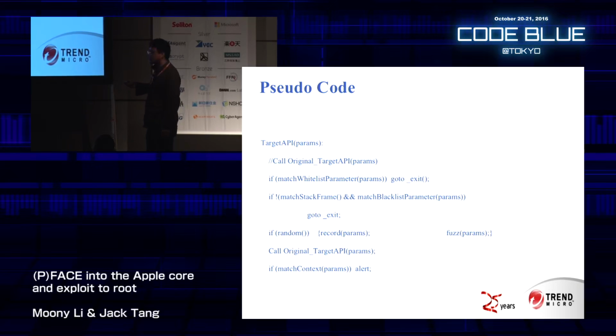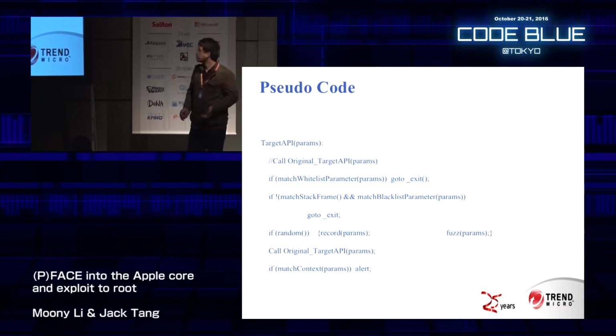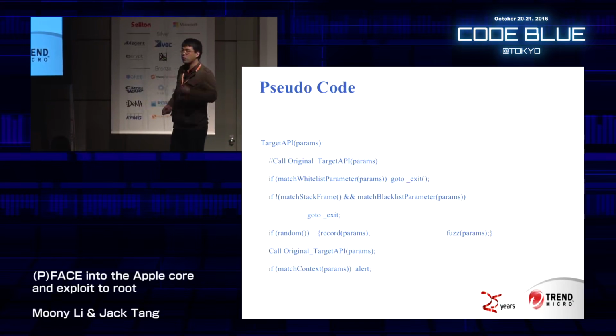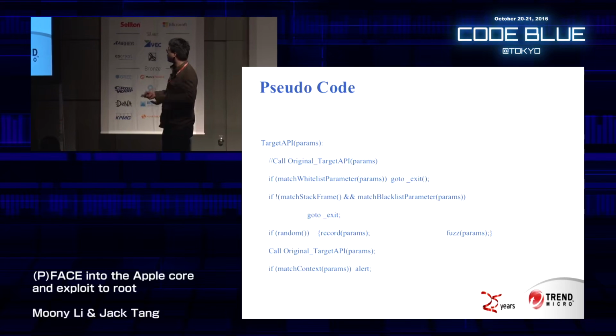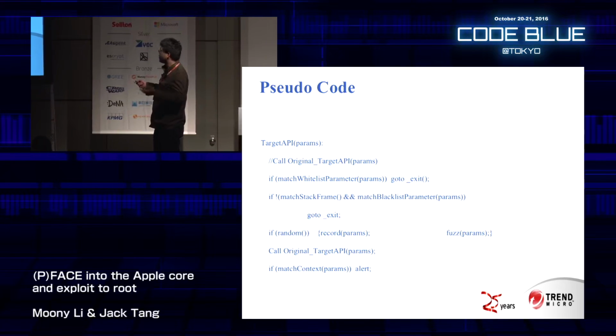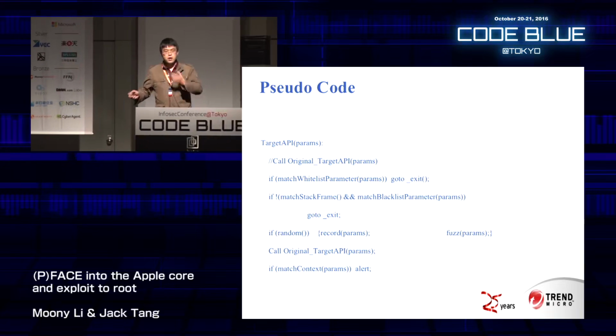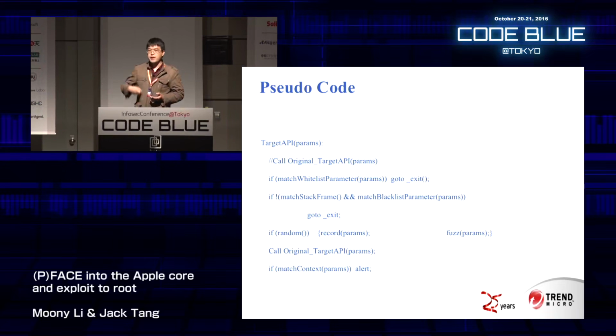If the data should be fuzzed as we design, then we should record the parameters in our design and send them out, for example, through network or through NVRAM, non-volatile memory, and so forth. And then we will fuzz the data. The fuzz data will be delivered to the original API. Then the original API would call the target devices. Probably, if you're calling the original API with the fuzz data, the kernel would crash, as we expect.